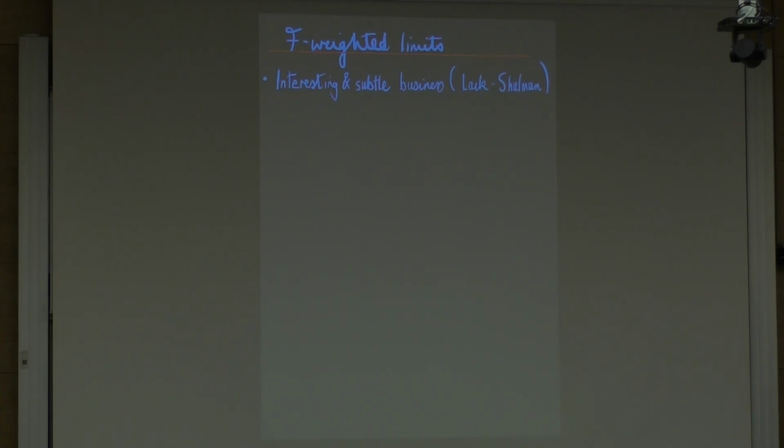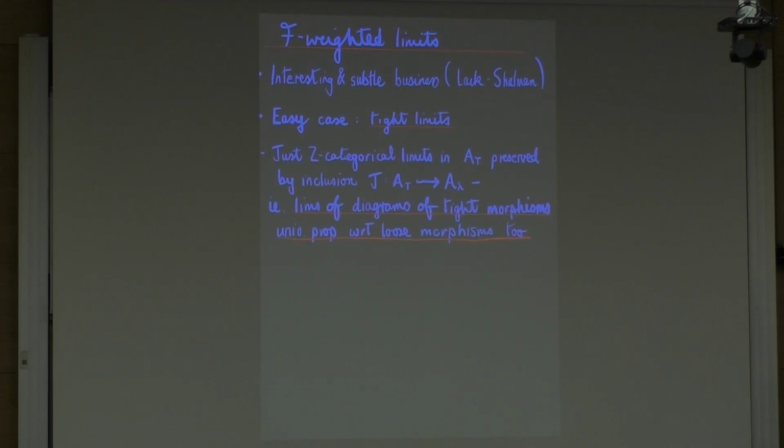It's quite subtle. There's no subtlety here. For what I want to tell you about, all we need to do is look at some really simple stuff. So, tight limits. These are certain F-enriched limits, but they're just 2-categorical limits in the 2-category of tight morphisms, which are preserved by the inclusion into the 2-category of loose morphisms.